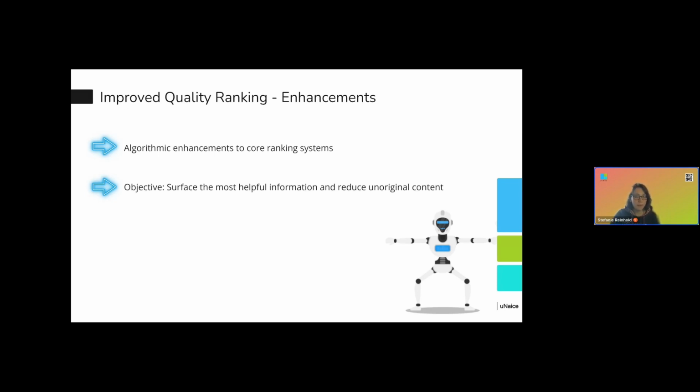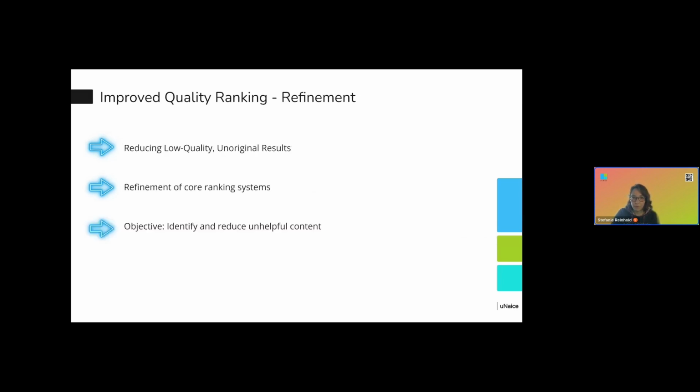So that's the most important key point of this whole operation. So as you can see, the objective, I kind of just pulled it together to keep it simple. The objective was to surface the most helpful information and reduce unoriginal content. So that is the main focus of the enhancements.